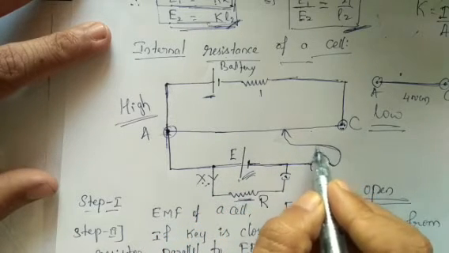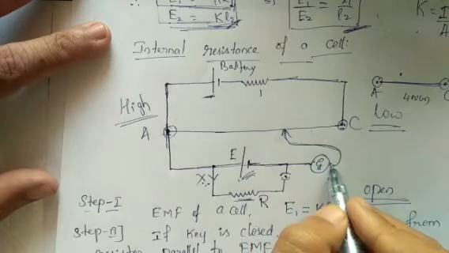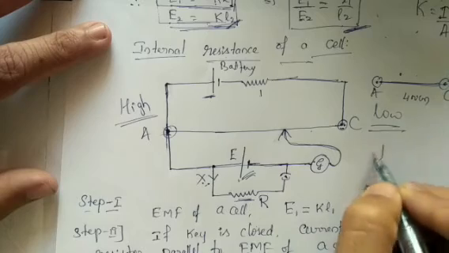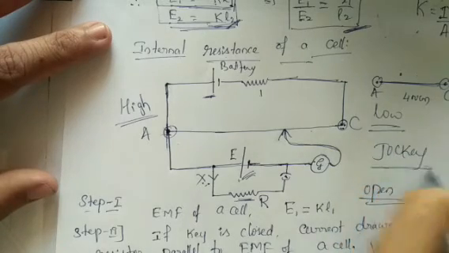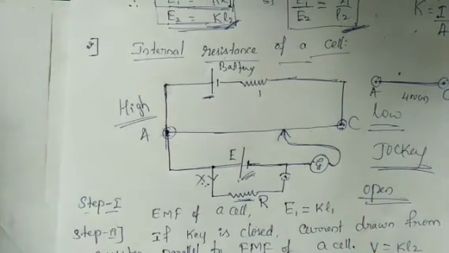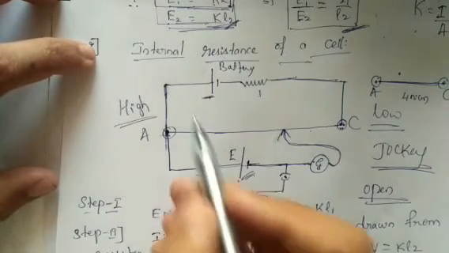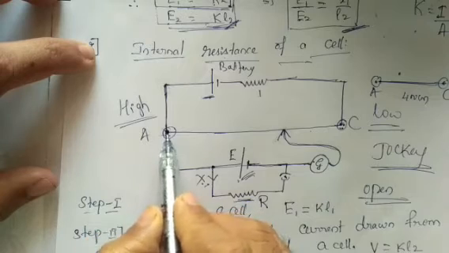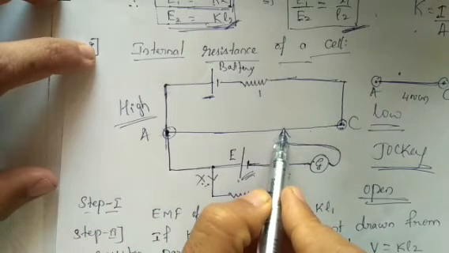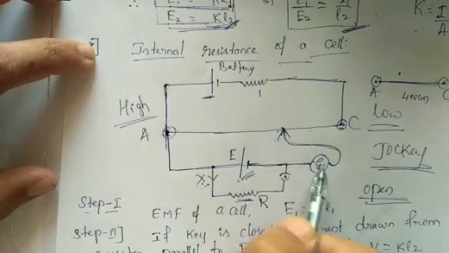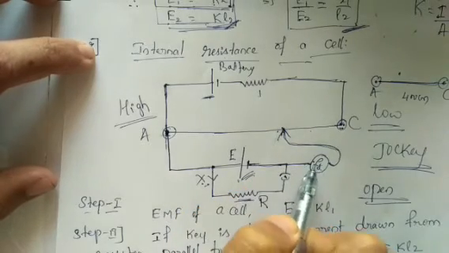Now here the galvanometer is connected, and the other end of the galvanometer is connected to a device called a jockey. Again we follow the same process: we observe a particular null point. A null point is the point where the galvanometer shows 0 deflection.